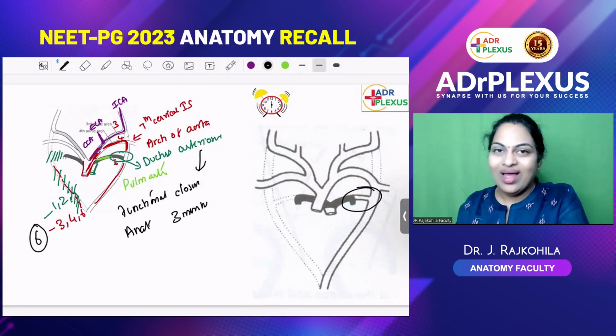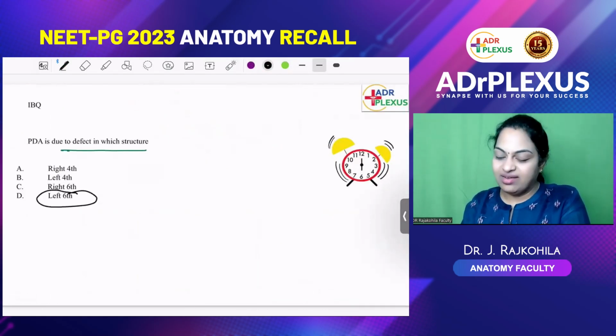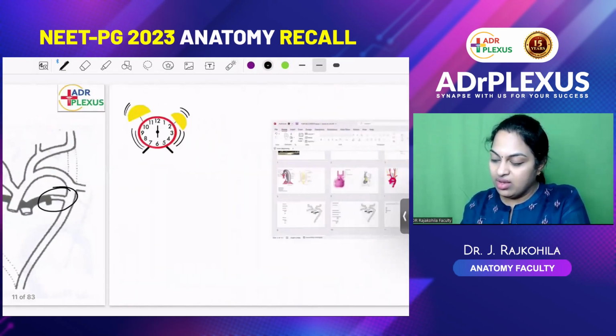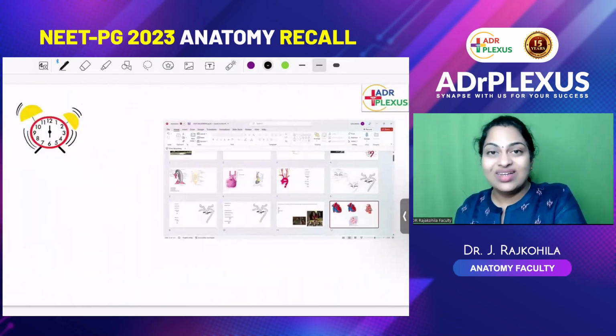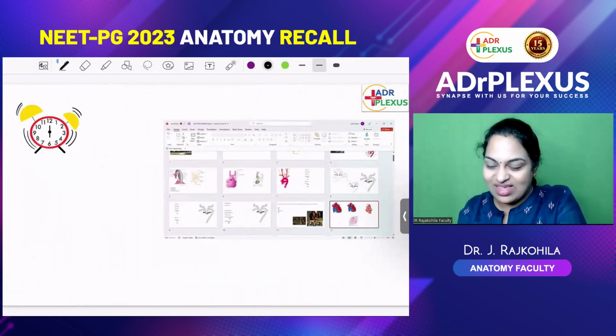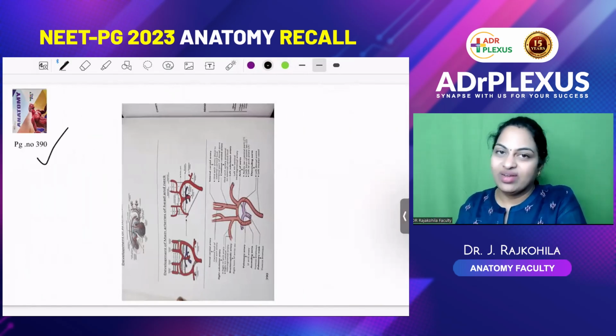Persistent ductus arteriosus is due to the persistent part of the left sixth arch artery, and what happens there? Left to right shunt. Am I right? This was covered again in the 6 a.m. image-based question embryology session in ADrPlexus, as well as in your workbook, you would have written it.